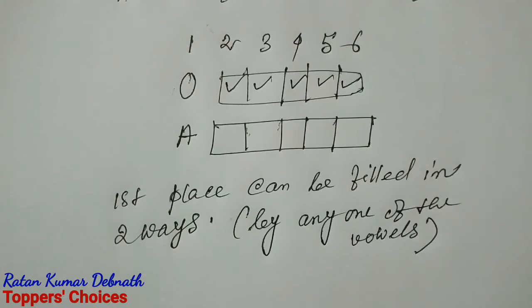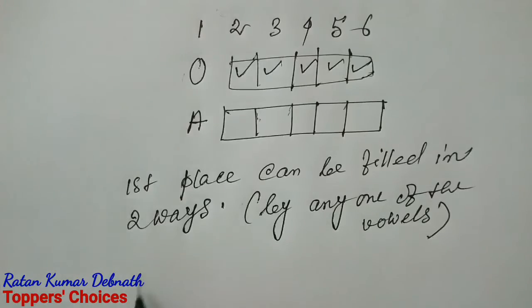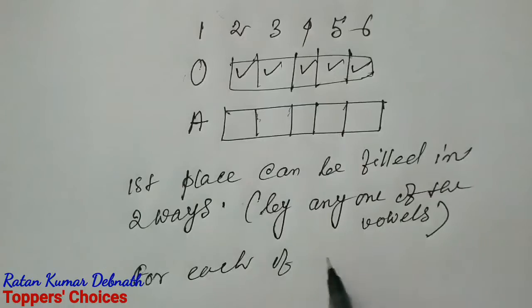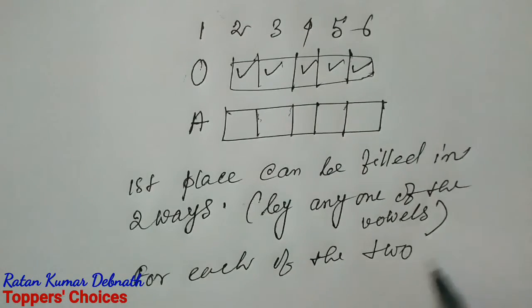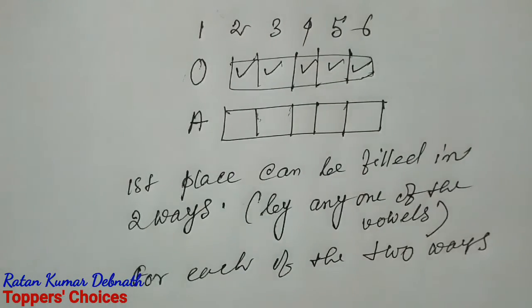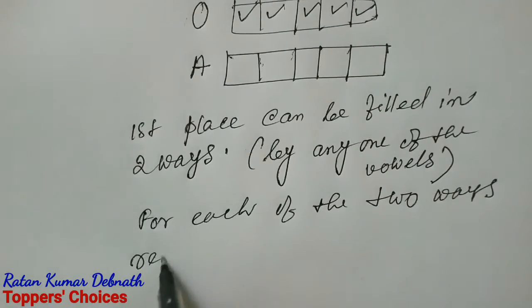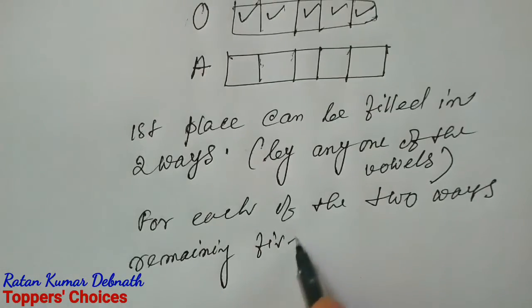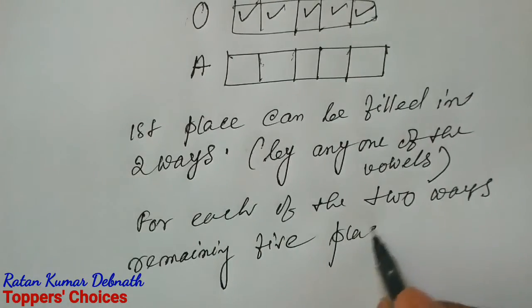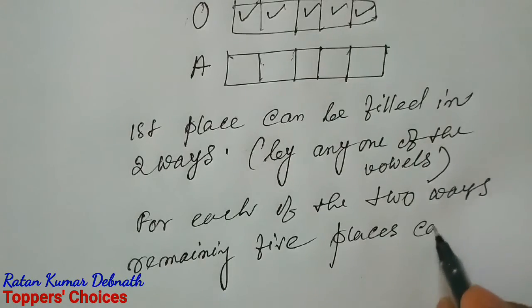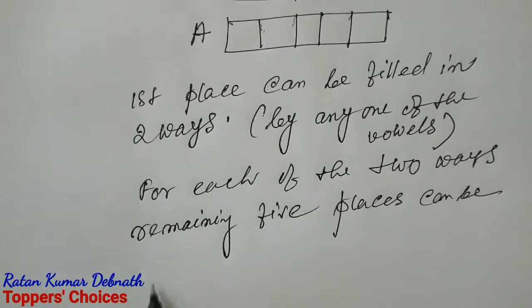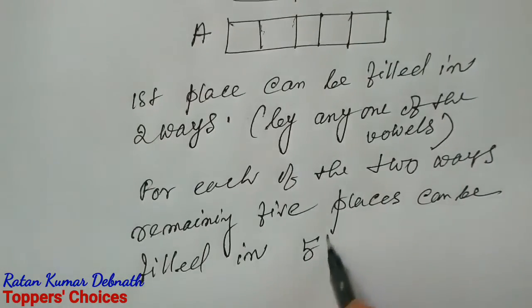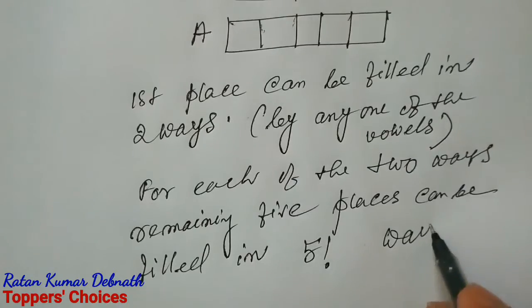So for each of the 2 ways, the remaining 5 places can be filled in 5 factorial ways.